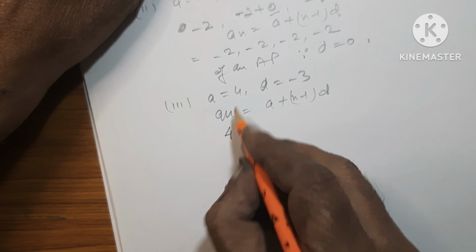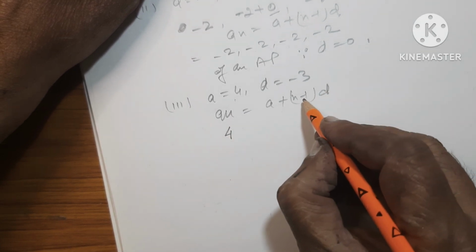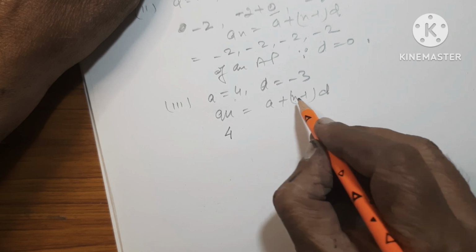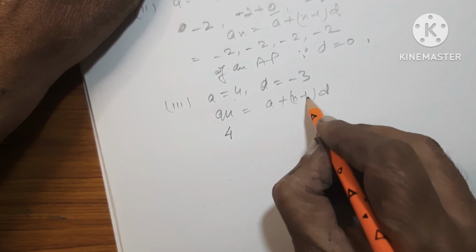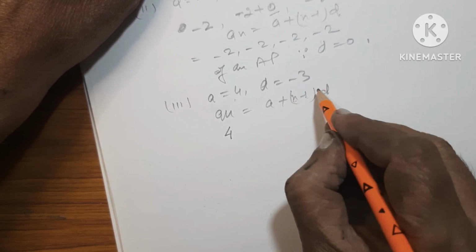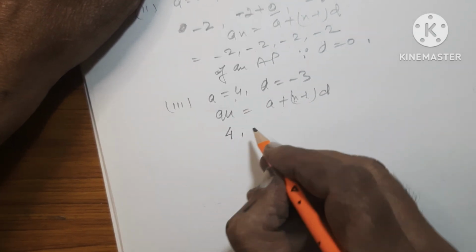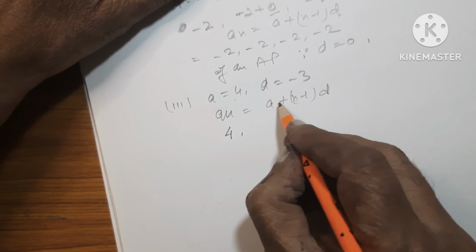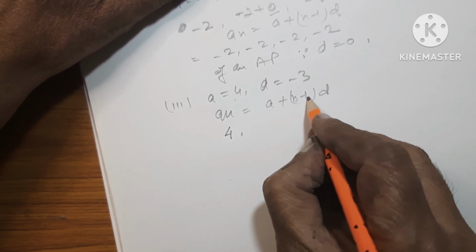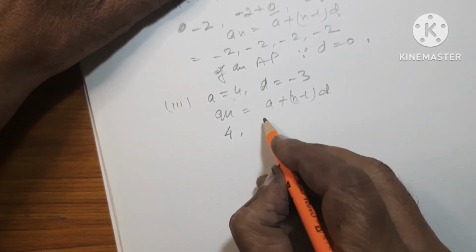Why is it 4? Because for the first term n is 1, n minus 1 becomes 0, so the D term becomes 0, and only the first term remains. Second, n is 2, so 2 minus 1, 1 into D. That means A plus D.